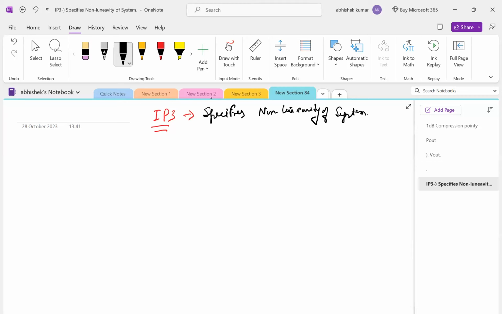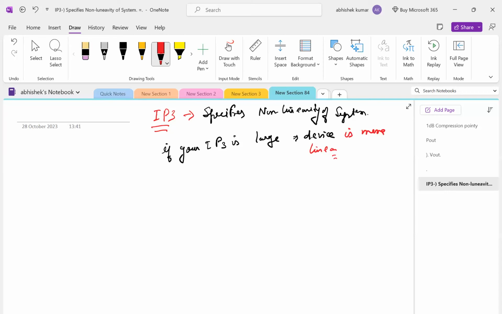If your IP3 is large, the device is more linear. So ideally, we are checking our system whether its IP3 is more or less. If its IP3 is more, then it is more linear.